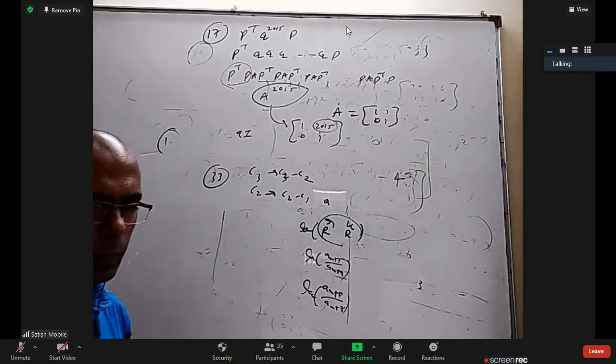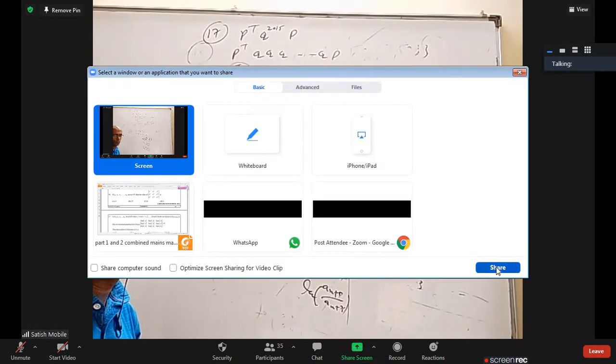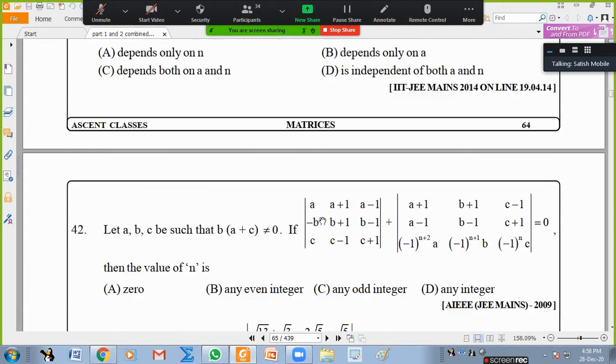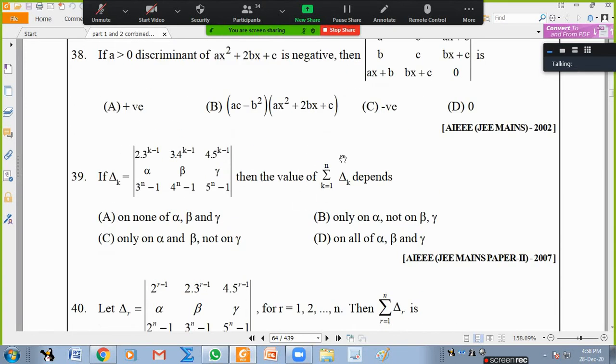Okay. Any doubt about 39? All these are the same, 39, 40, 41, basically these three questions at least. Sum of many delta values, how are we going to add? You can add many determinants if, except for one column, all other columns are the same, or if except for one row, all other rows are the same.